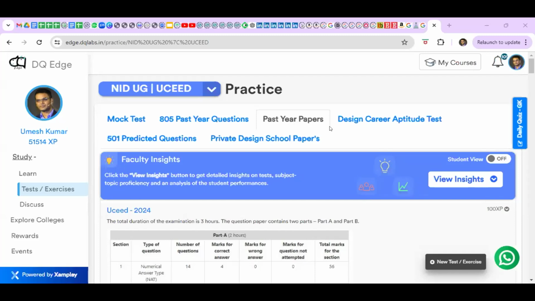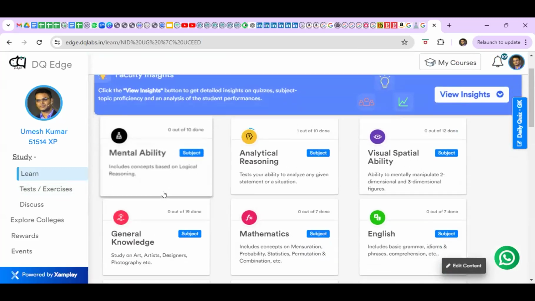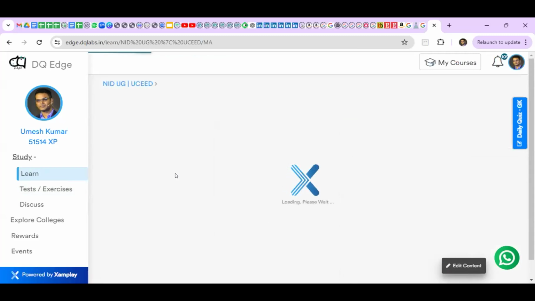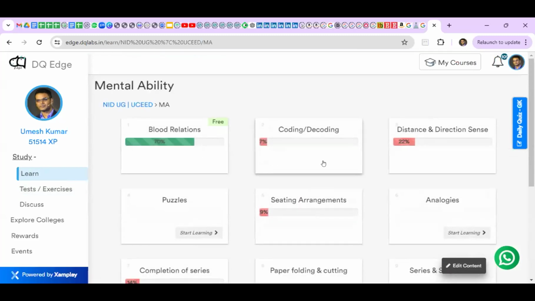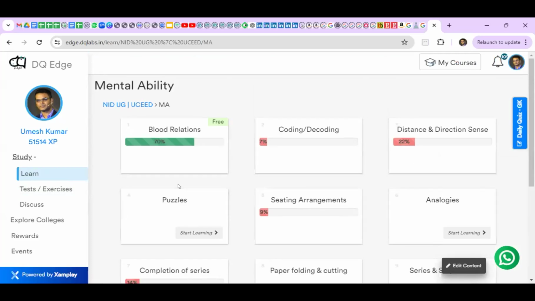And all these topics are there on DQ Edge. Now, where do you access all of them from? When you go to learn, broadly there are about 8 topics, but if you click onto them, these are the subtopics. All the subtopics are listed, and there are about 95 topics that you should be studying through.